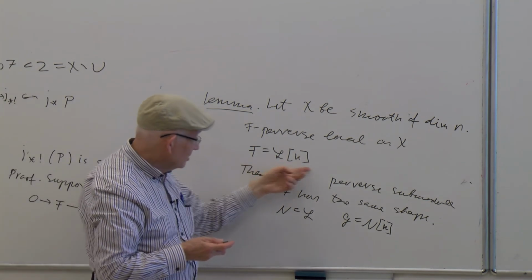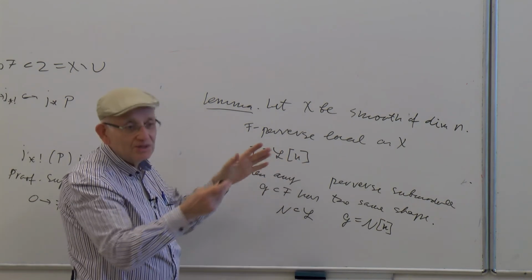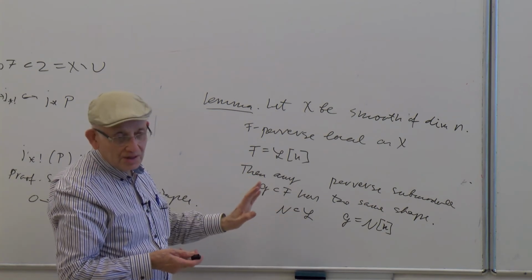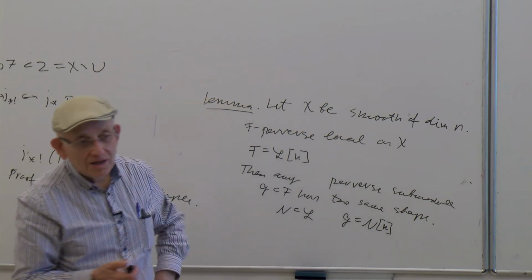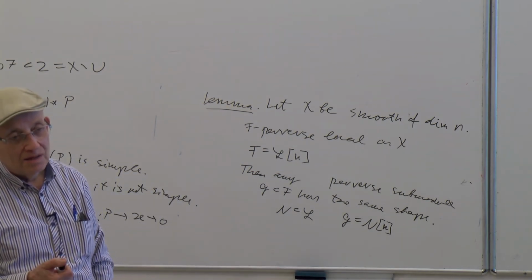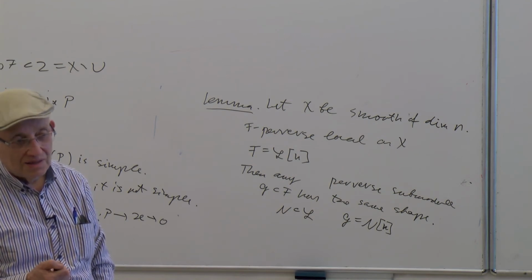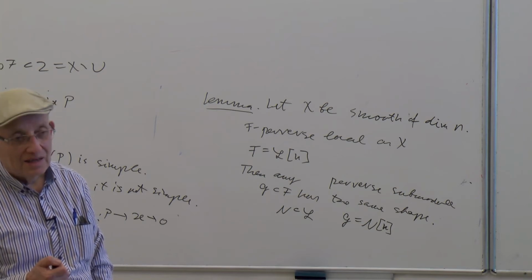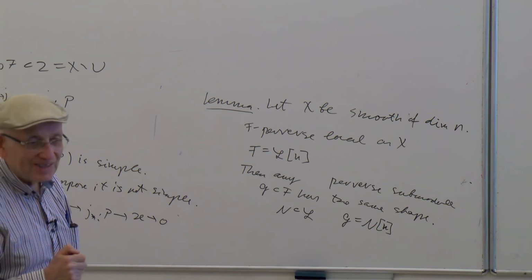So the non-trivial statement is that any perverse subsheaf of this, which might in principle not be locally constant, has to be locally constant. Yes, don't you need to add the irreducible to get the perverse sheaf itself? No, you don't understand something.